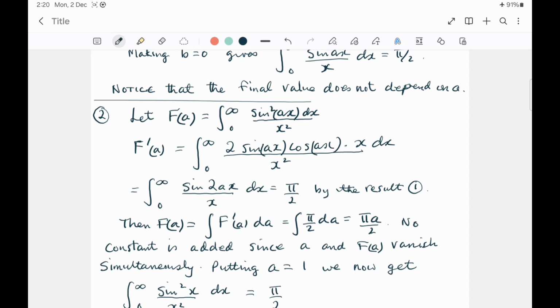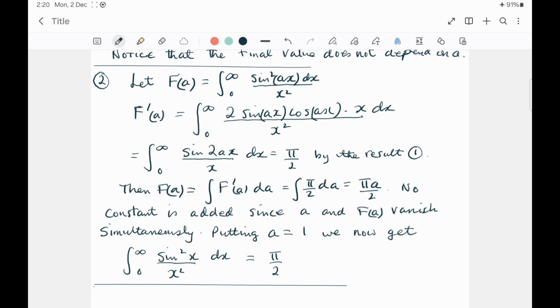And differentiating with respect to a, that becomes the integral between 0 and infinity, 2 sine ax cos ax times x dx over x squared, which simplifies to the integral between 0 and infinity, sine 2ax over x dx, which is the same as the result of part 1, and so it's equal to pi upon 2.